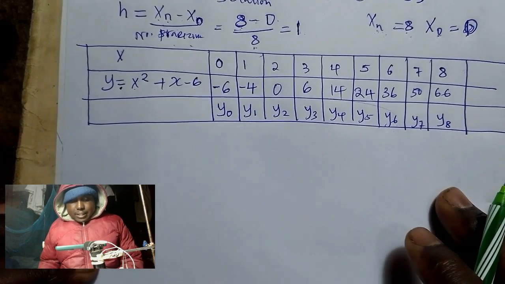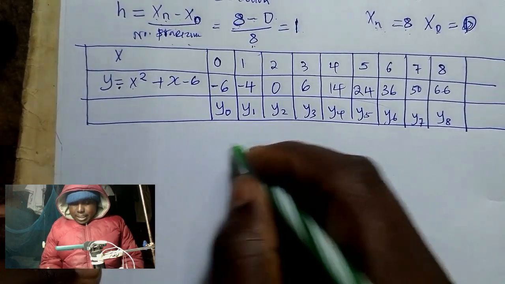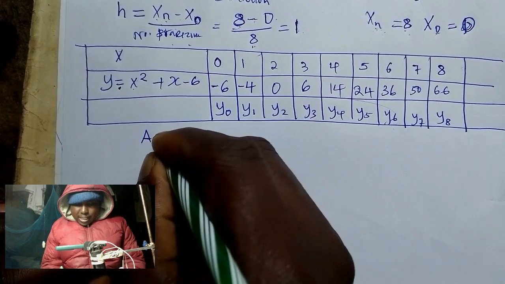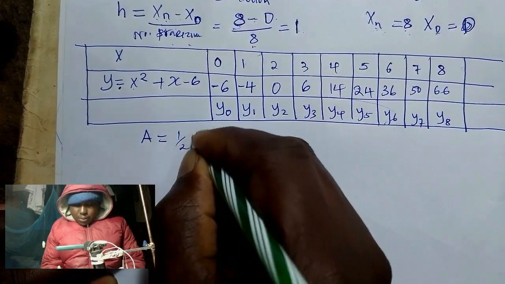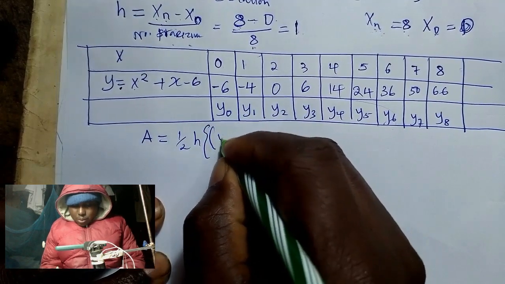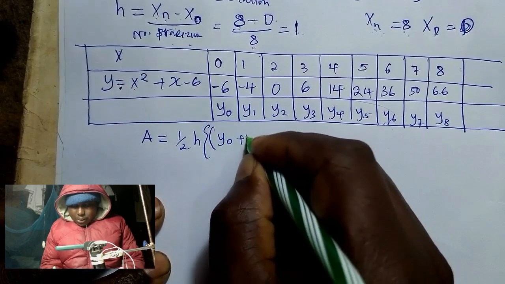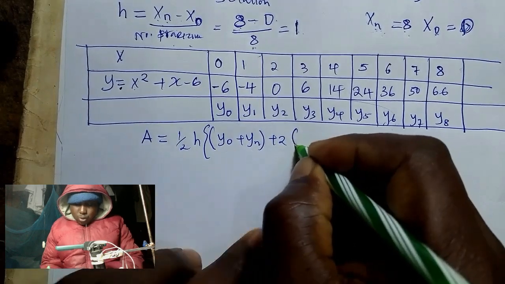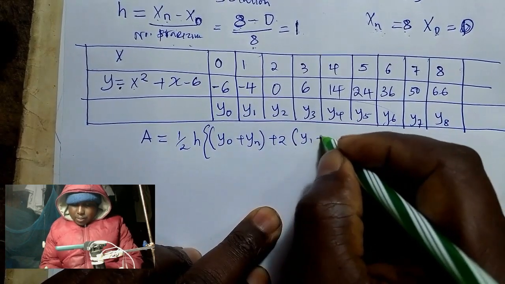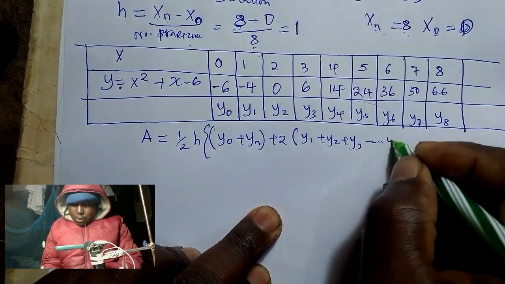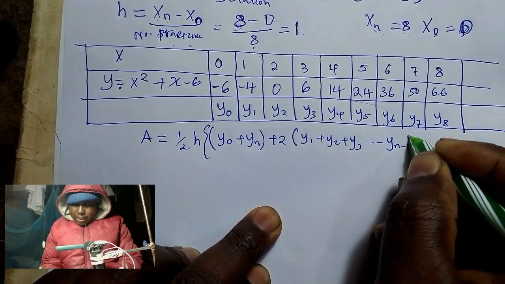Next is to apply the formula. The formula says area is equal to a half h into, open the bracket, y naught plus yn, close the bracket, plus 2 into y1 plus y2 plus y3, going all the way to yn minus 1.